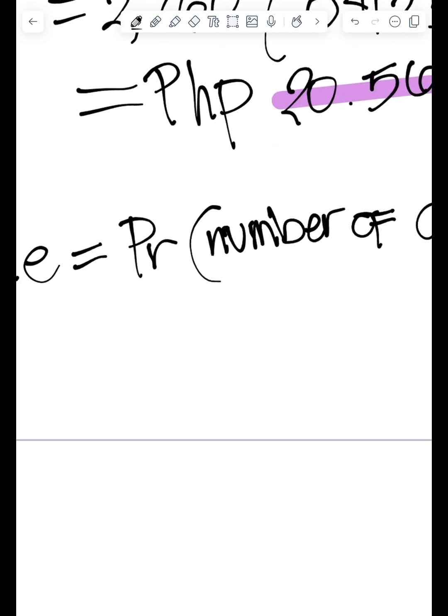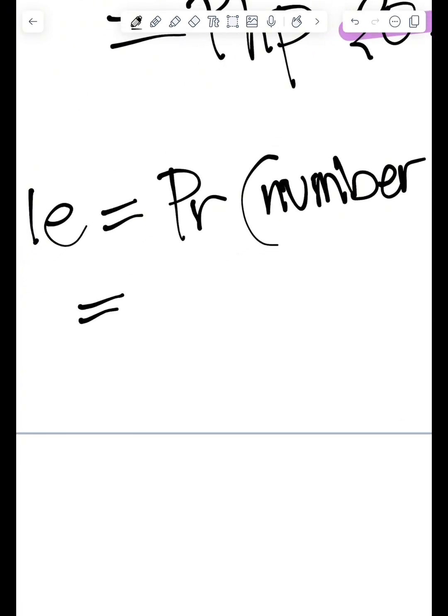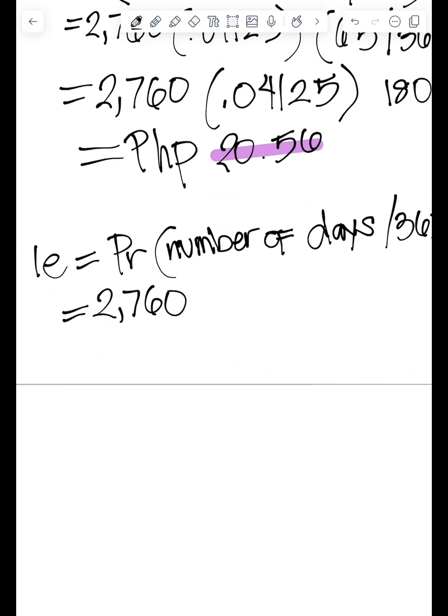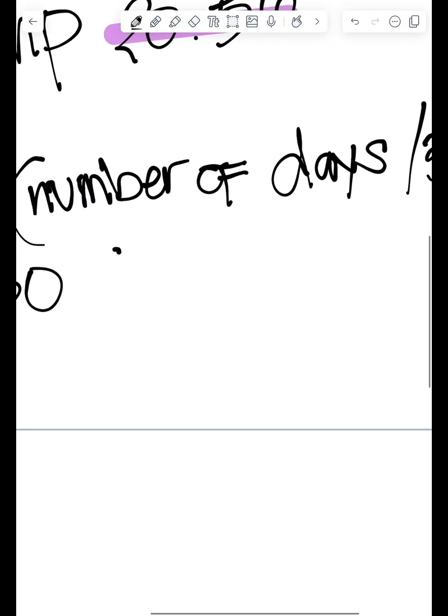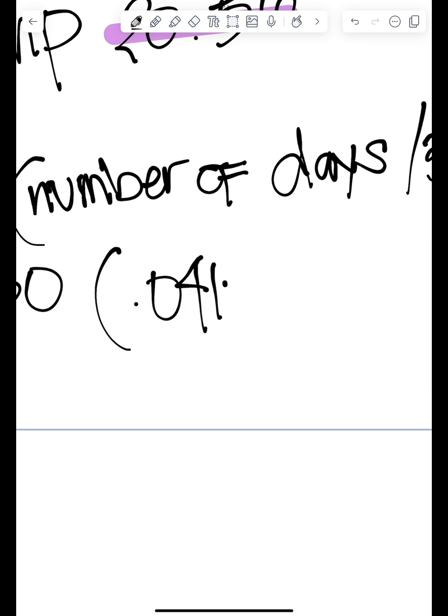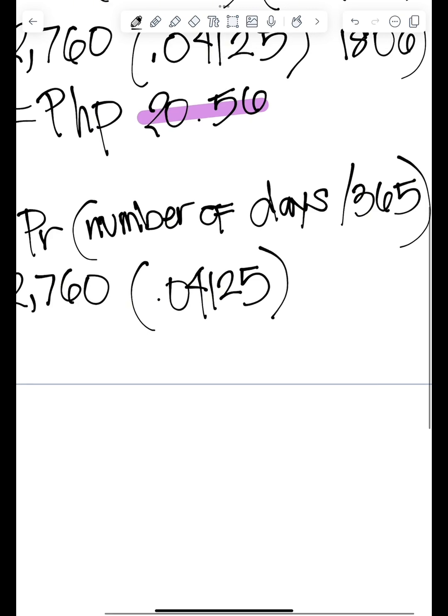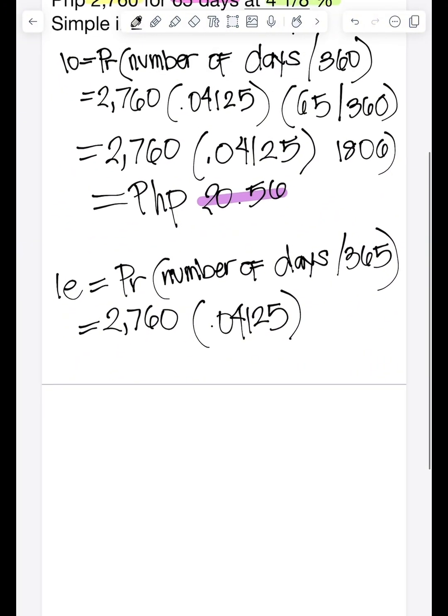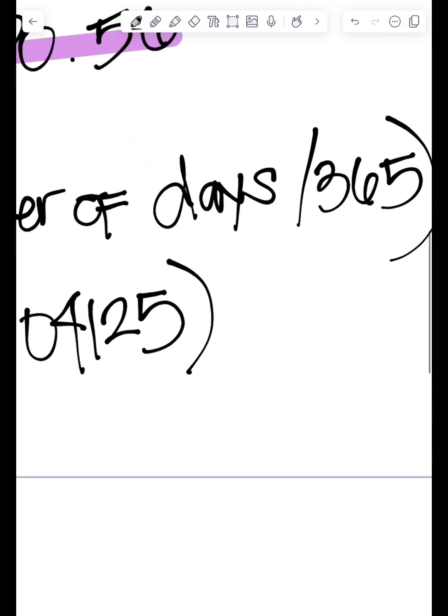After that, let's copy 2,760 and also the decimal rate. Put 65 divided by 365.